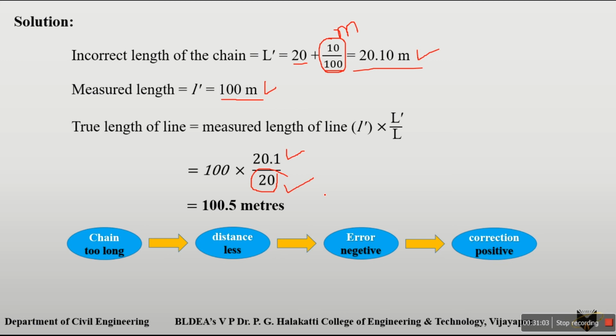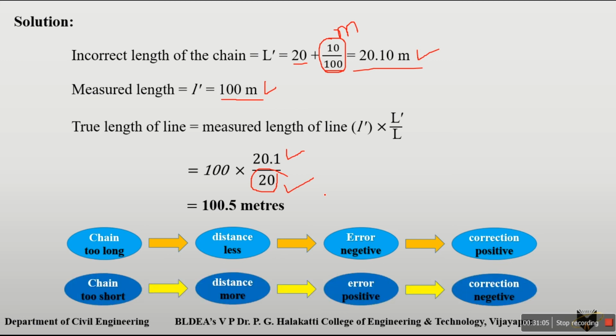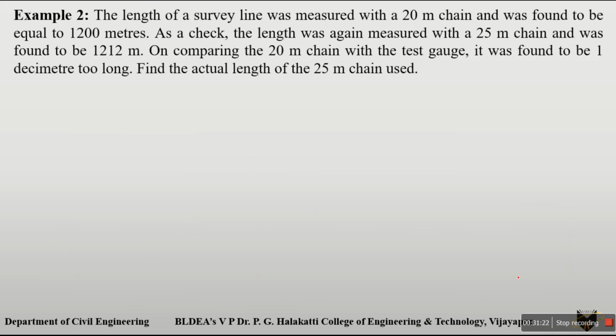Similarly, if the chain is too short, the distance is more, the error is positive and the correction is negative. For this one you have to remember the previous slide. Next, I will solve one more problem.